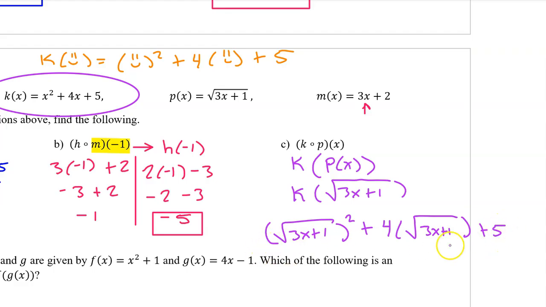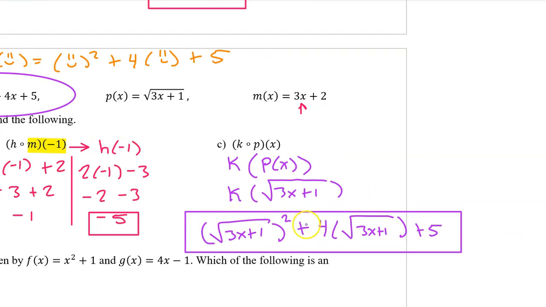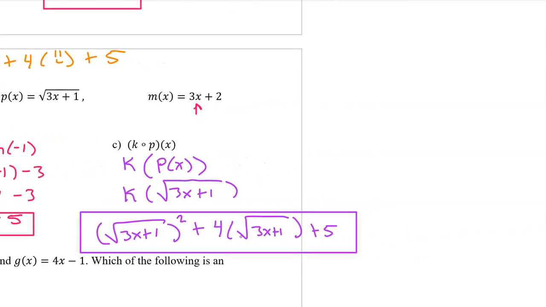So this is a valid expression right here. This does simplify a tiny bit, but to be clear, this is a valid answer. When you square the radical, it does go away. So you could write this a little bit more simply if you write 3x plus 1 and then plus 4 times the square root of 3x plus 1 plus 5.